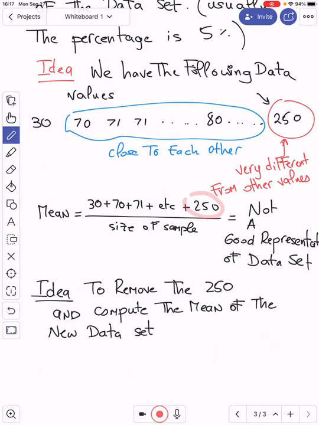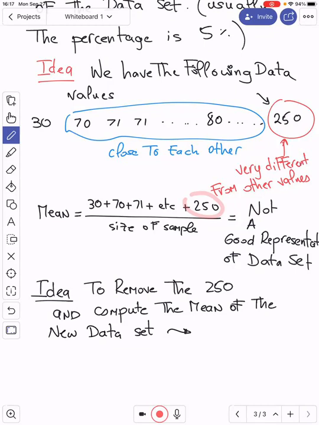Okay, so this mean, or the average salary of the employees, will be a better representative than the previous mean, right? Because in the previous mean we included the salary of the CEO, which is a very high salary. So now when you remove the salary of the CEO, you get the average salary, which is a better representative of the data set, or of the salary in the company, right?